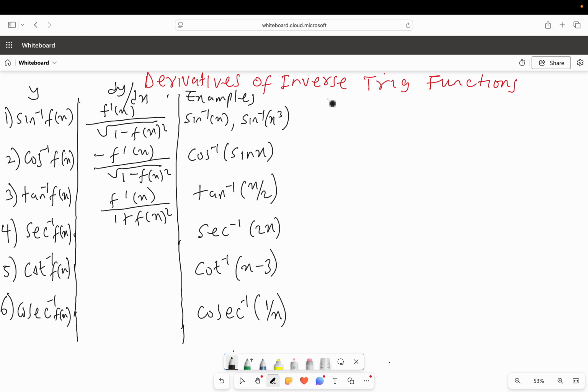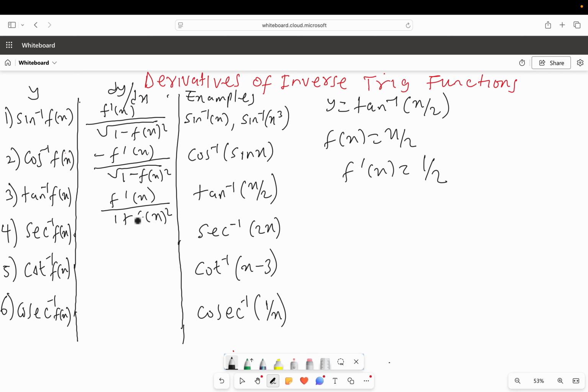So now let us go through an example. y is equal to tan inverse of x over 2. So my f of x is x over 2, and my f prime of x will just be 1 over 2.